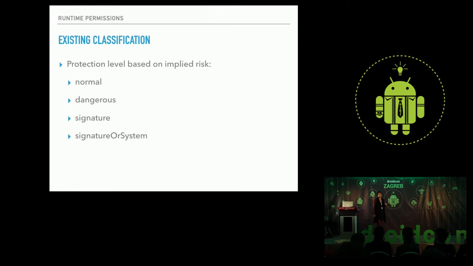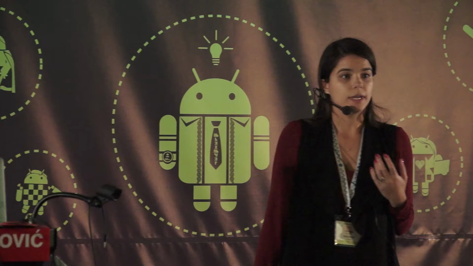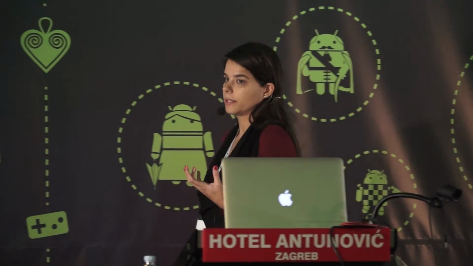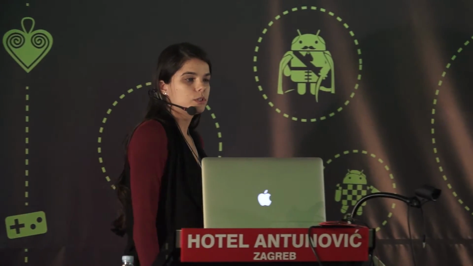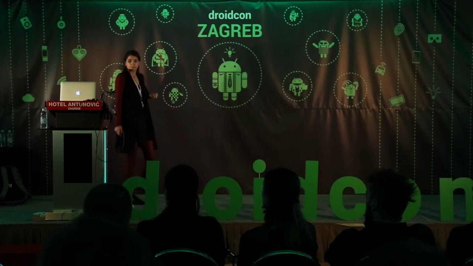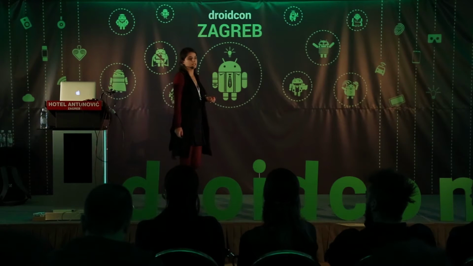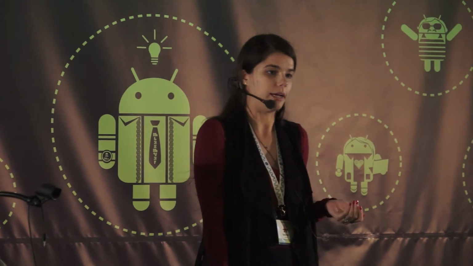The dangerous protection level, on the opposite, should cover areas where the application wants to do an action which could affect the user's private data or the operation of other apps. And signature and system are not that important for this talk, but let's just say that if an app wants to get a signature permission, it needs to be signed with the same certificate as the app that declared the permission.